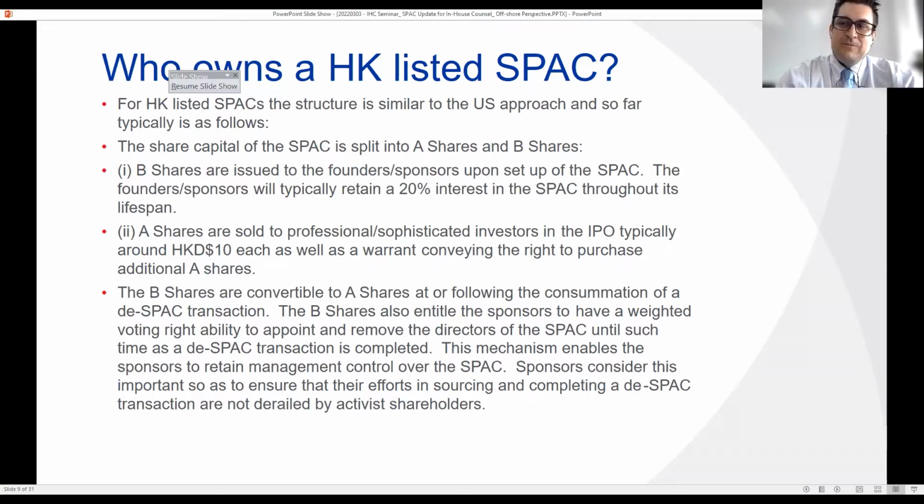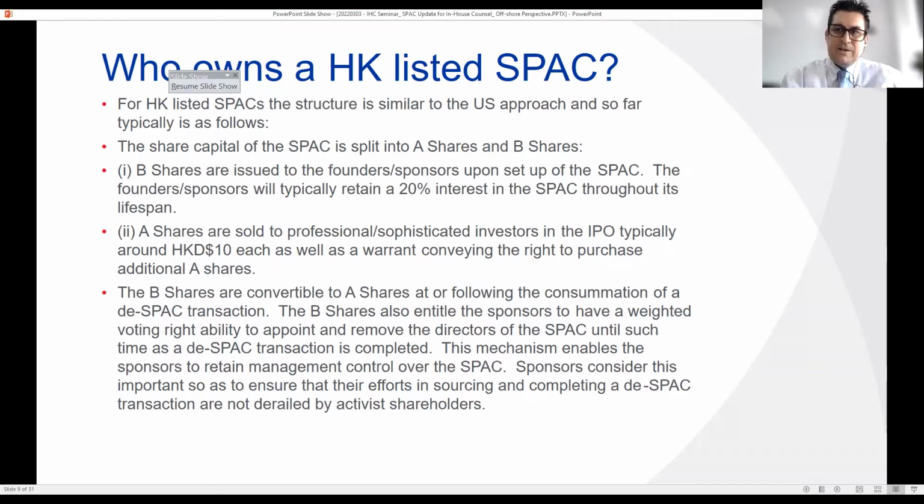So that has changed a lot of the characteristics for Hong Kong SPACs as opposed to the SPACs which are listed on other securities exchanges. In terms of the structure of a Hong Kong SPAC, the A and the B share class is similar to what you would see for a US SPAC.